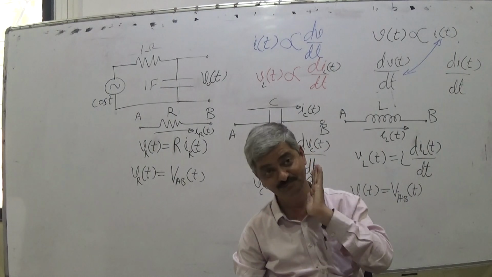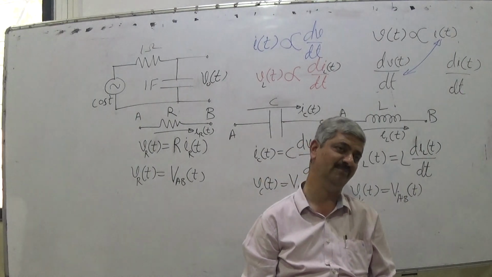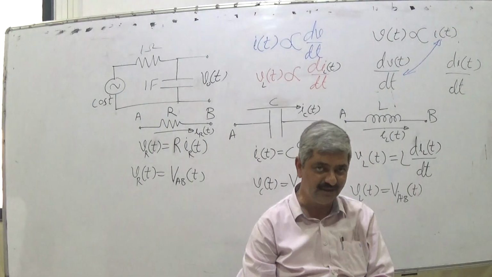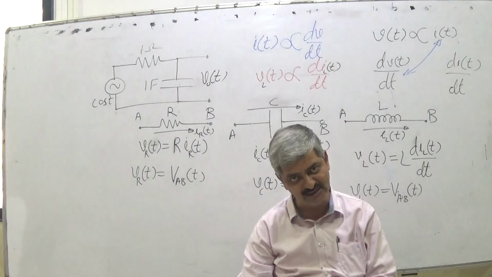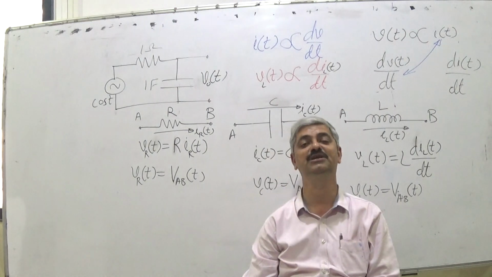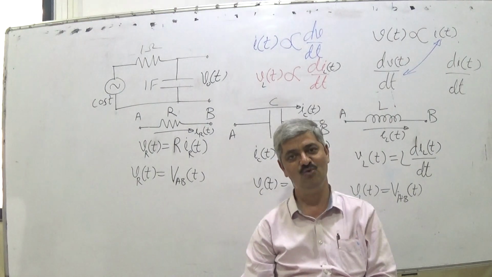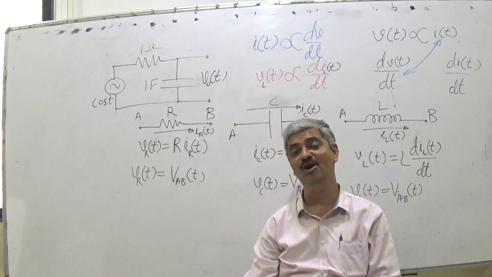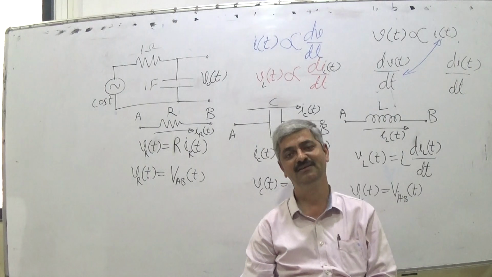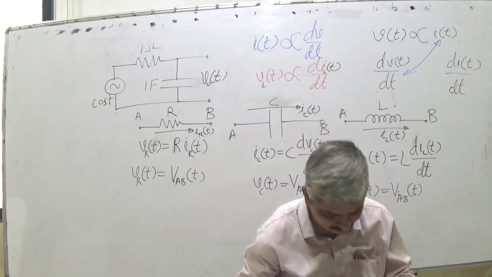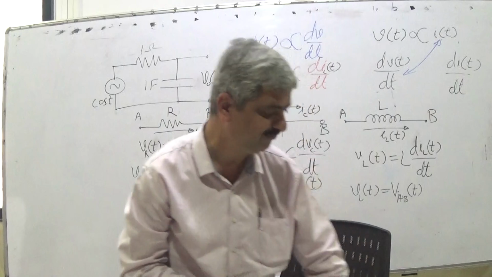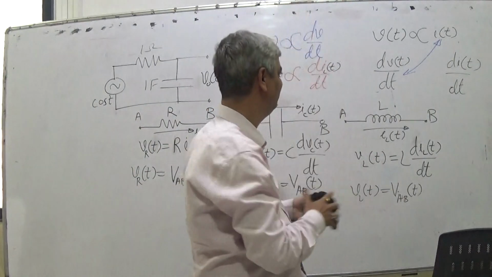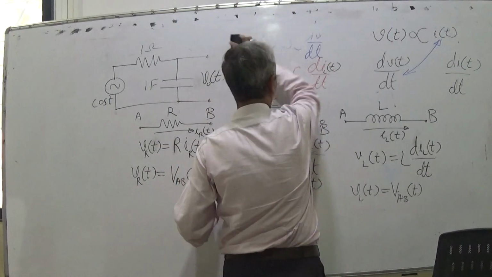It's a very loose requirement that dVt upon dt is proportional to dit upon dt. Only derivatives are proportional, not necessarily other means. If you think it is somewhat complex, leave it.